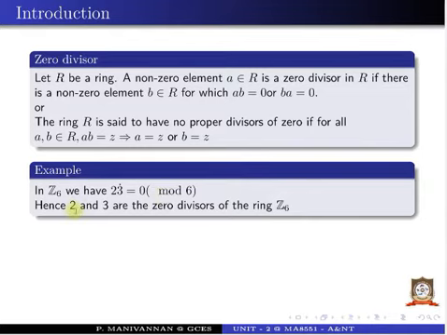Here 2 and 3 are non-zero numbers, so 2 and 3 are the zero divisors of the ring Z6. Here 2 is a non-zero element, 3 is a non-zero element, but their multiplication will be 0 since 2 times 3 is 0. So 2 and 3 are the zero divisors of the ring Z6.